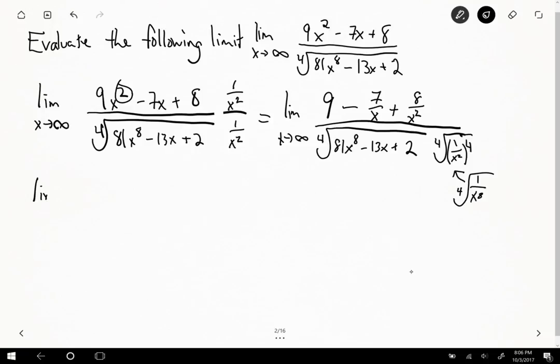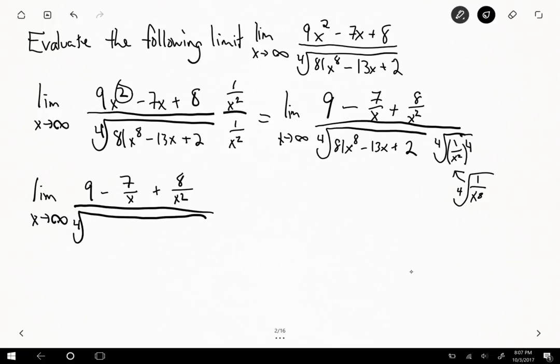So the limit as x approaches infinity on this one. What actually happens? Well, you get 9 minus 7 over x plus 8 over x squared. And now, since our roots match, since we have two 4th roots, we can actually multiply what's inside the 4th root on the right hand side into that other 4th root on the left hand side.